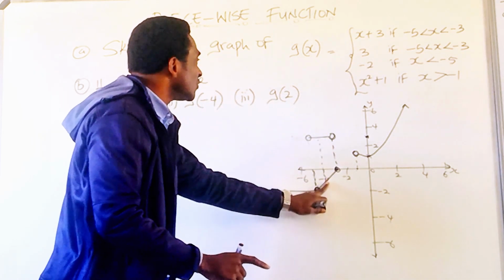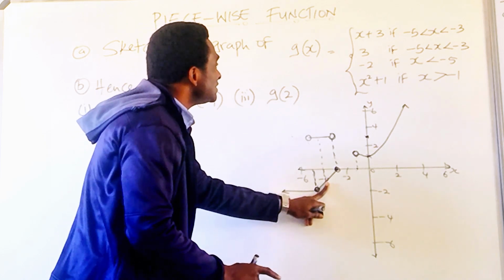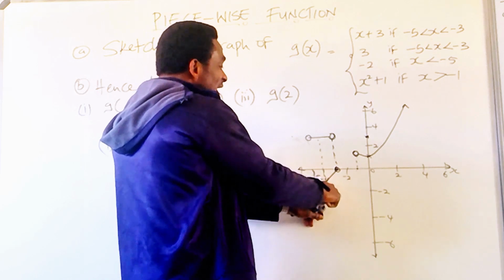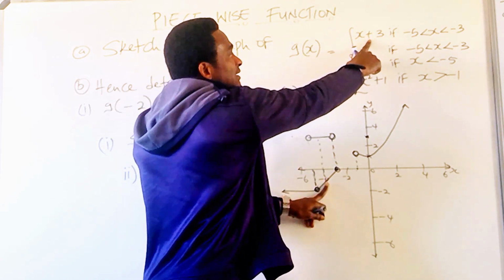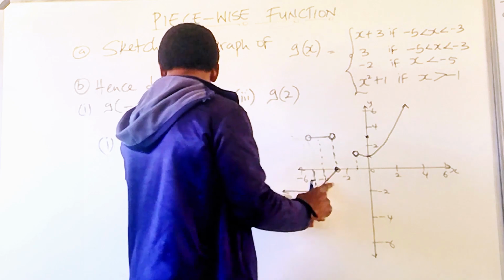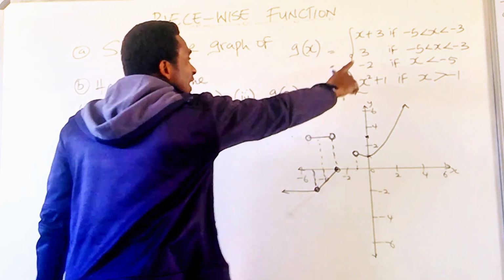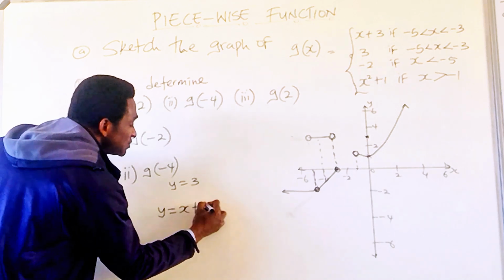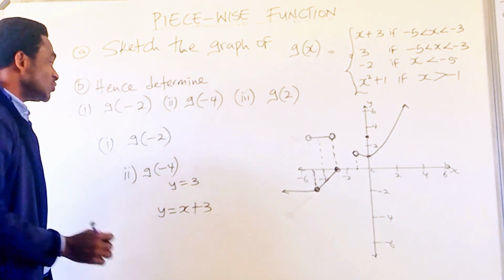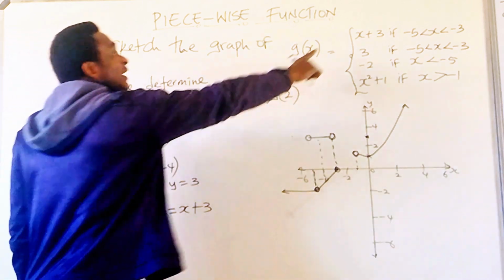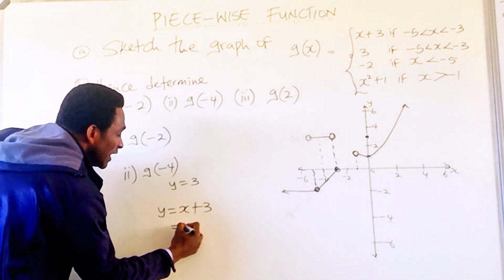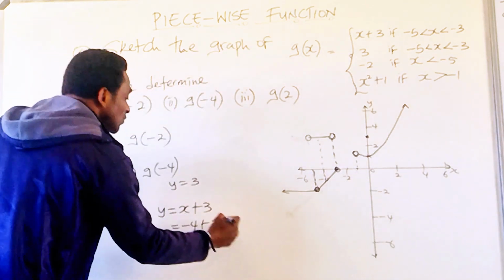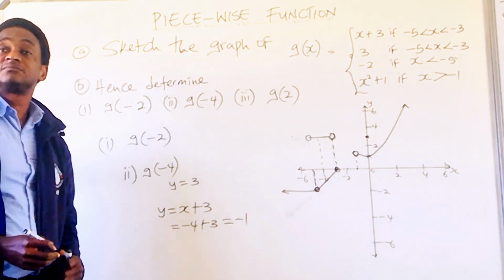The second one is the linear function x plus 3. So g of negative 4 applies to the linear function, so we have negative 4 plus 3, which is negative 1.